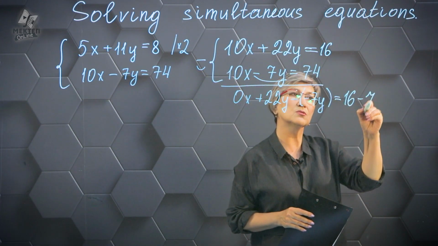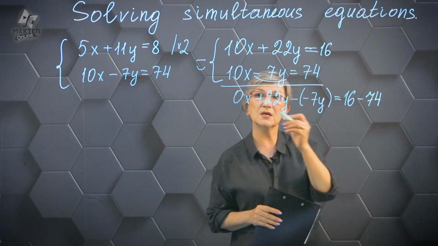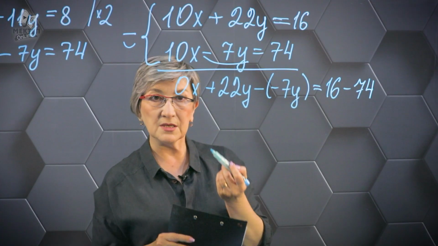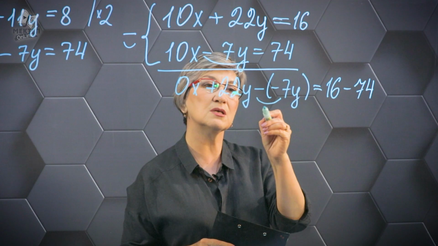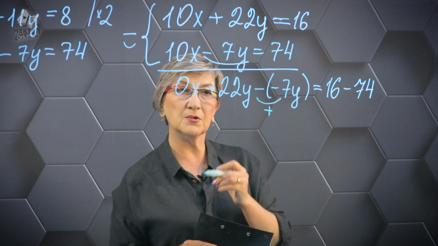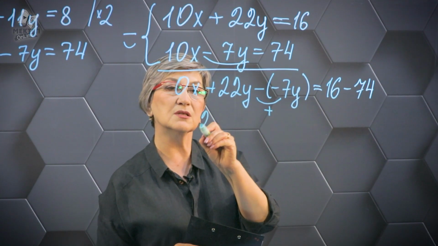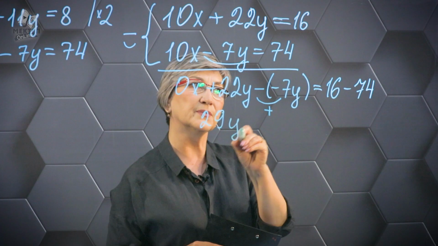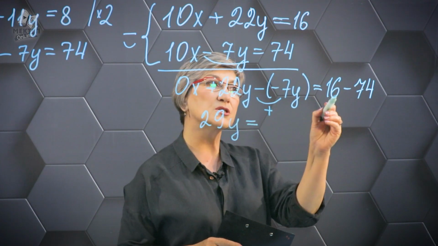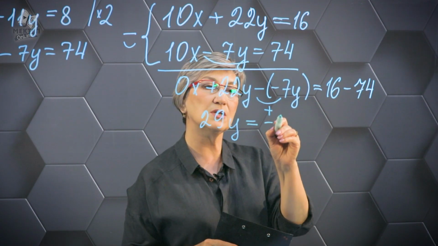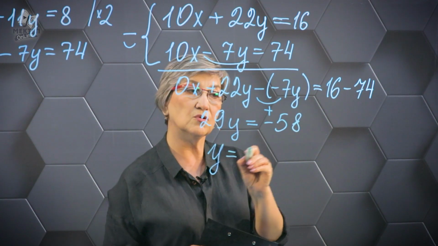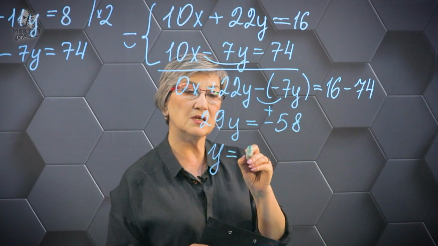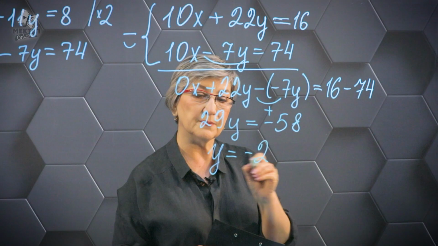Consequently, we omit 0 times x. 22 minus negative 7 indicates a plus sign. Thus, we will have 29y equals 16 minus 74, which equals negative 58. Therefore, y is negative 58 divided by 29, which equals minus 2.